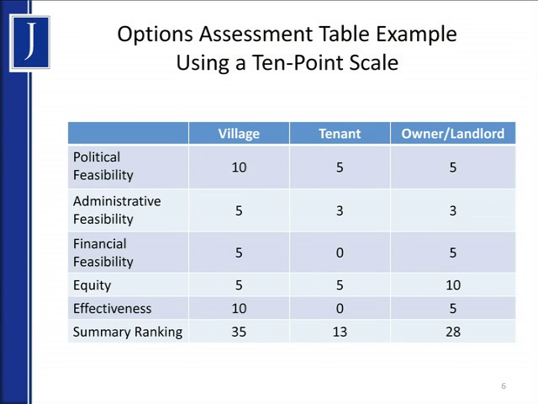So in this analysis, taking into consideration the assessment of all the factors, having the village continue to be responsible for sidewalk maintenance remains the preferred option. Once again, it would be necessary for the policy analysis to explain the scoring in paragraphs that would appear underneath the table.